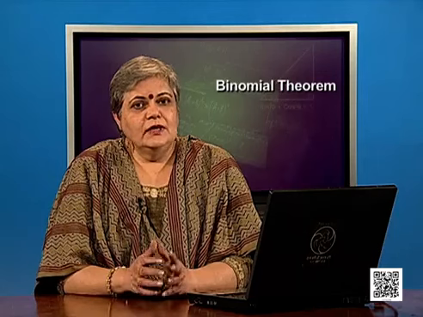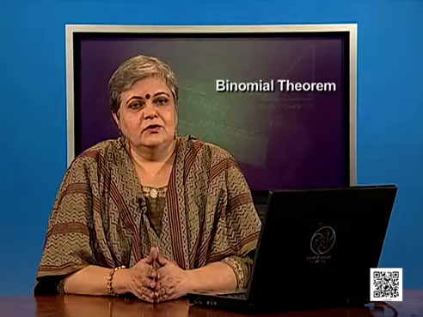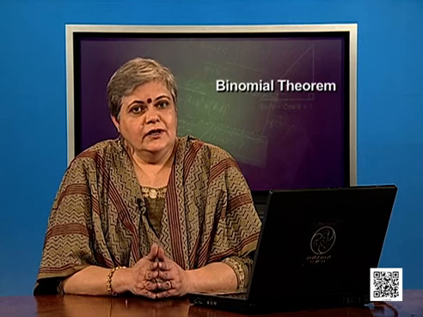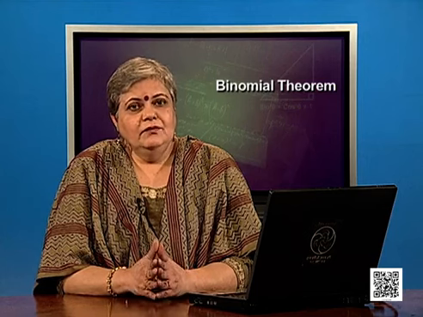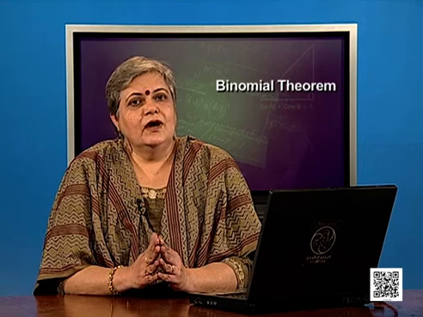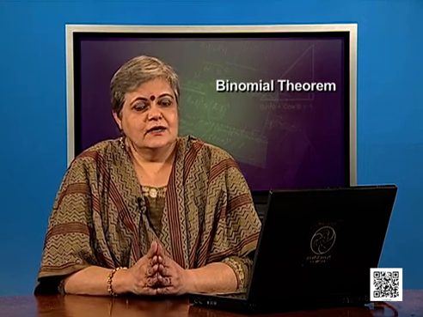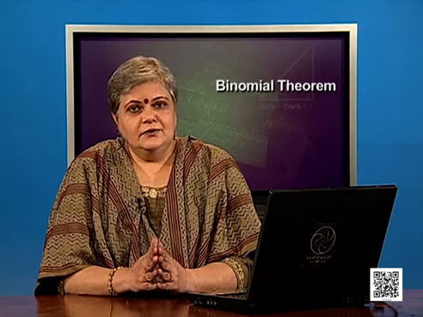The r plus 1th term will have the binomial coefficient nCr, and we are looking at the expansion written where we are decreasing the powers of a and increasing the powers of b as we expand. With that thought in mind, we have enough to work with for the few questions that have been selected for this lesson. So, let us start with the very first.